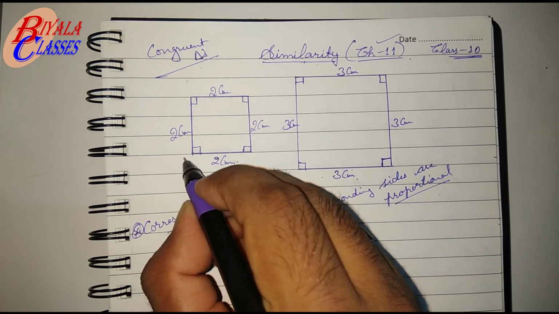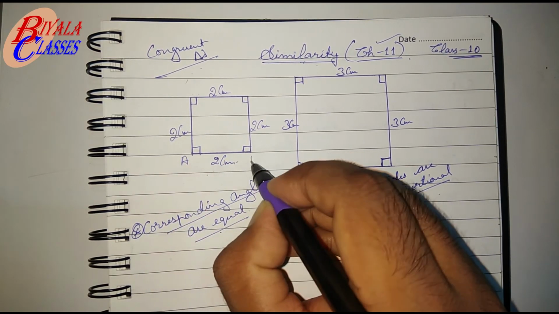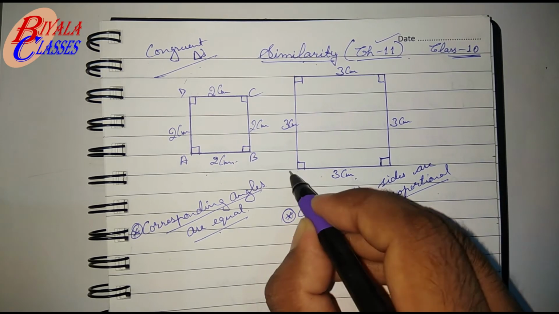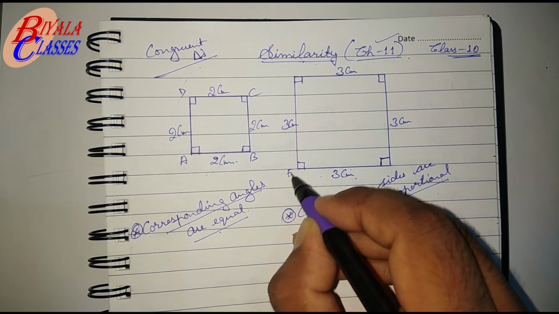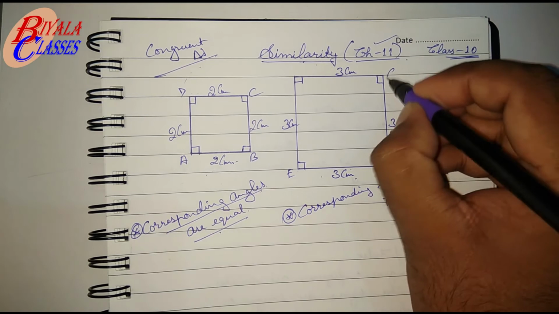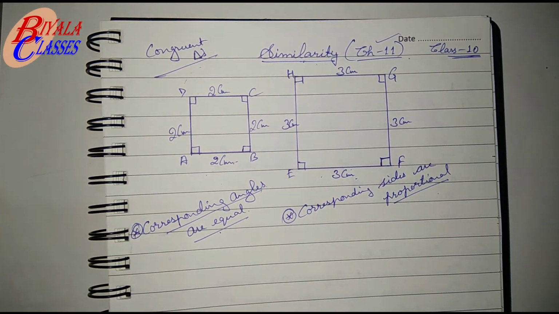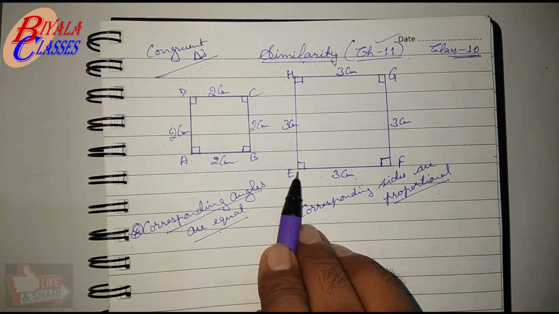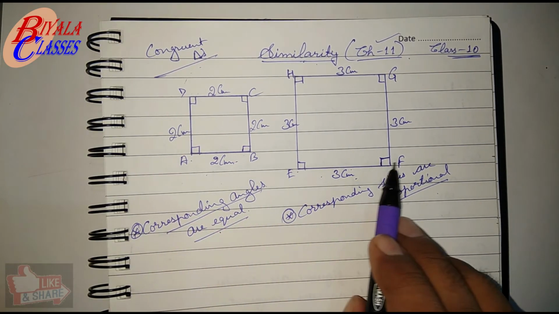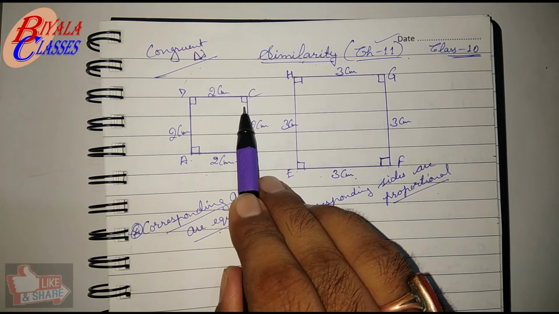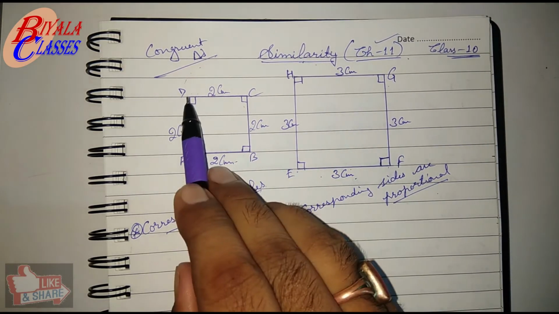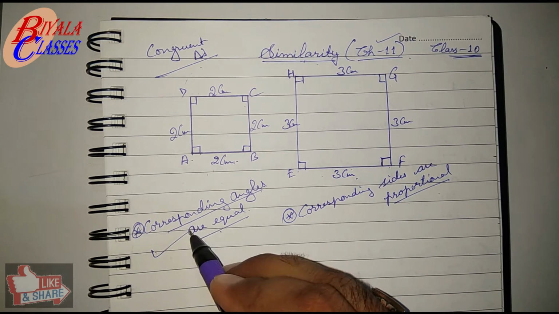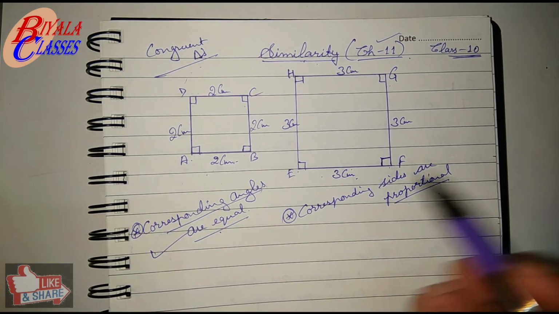Now I name this square ABCD and this square EFGH. Here angle A is equal to angle E, angle B is equal to angle F, angle C is equal to angle G, and angle D is equal to angle H. So this condition is fulfilled, that the corresponding angles are equal.